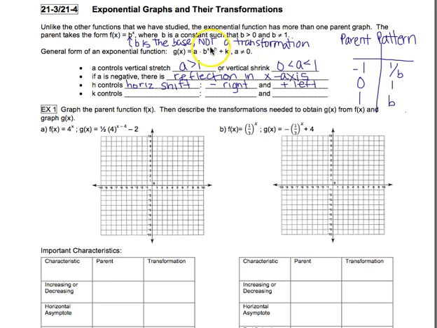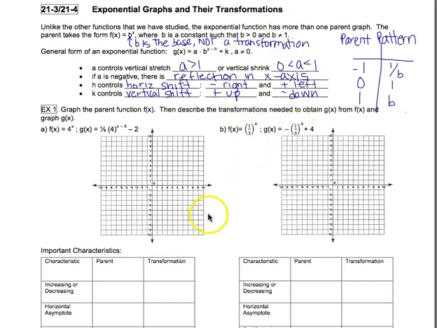Notice that h is located up in the exponent, whereas k is down on the same level as the a and the b. k controls vertical shift. And just like on all our other parent graphs, if it's positive, it goes up. If it's negative, it goes down.